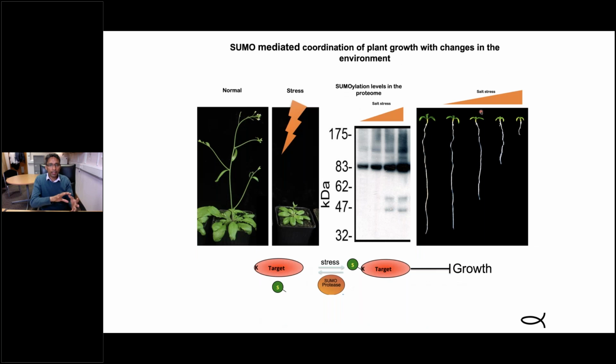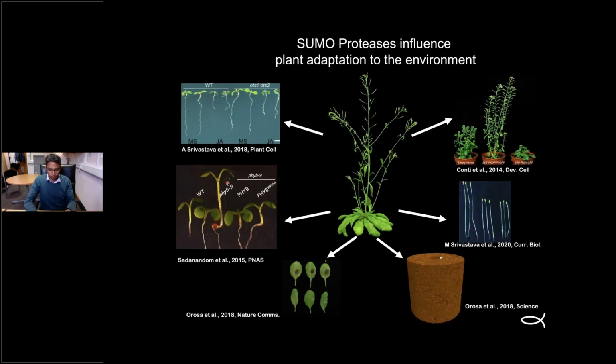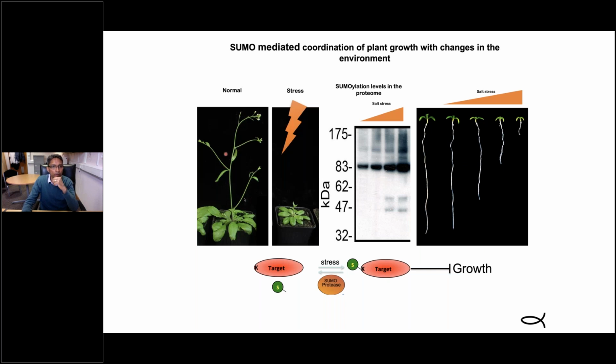That can be summarized in this kind of slide, where we can show, for example, when you don't experience stress, and that's not really true, because plants can't run and hide, you're always seeing some kind of stress in a plant. Well, the ambient environment, if you like, and then when there's a stress environment, they slow down growth, and you see this accumulation of SUMO-conjugated target proteins, and that affects how plants grow.